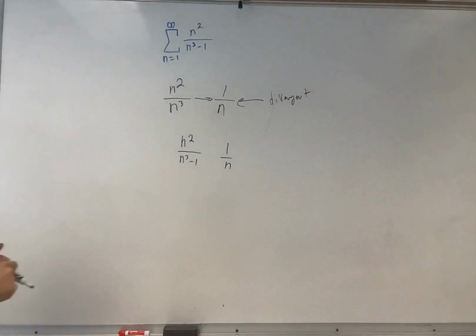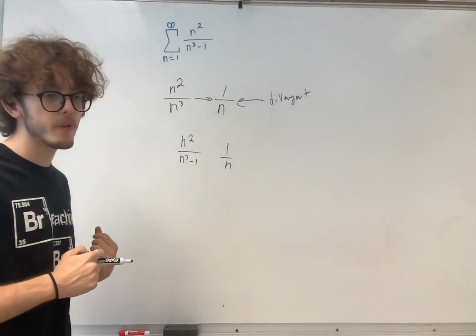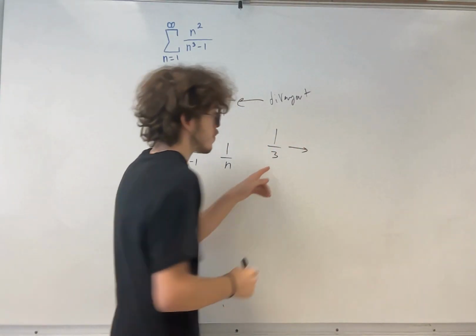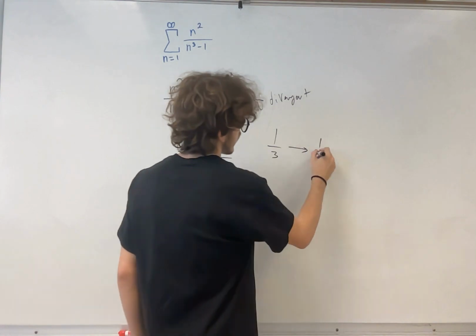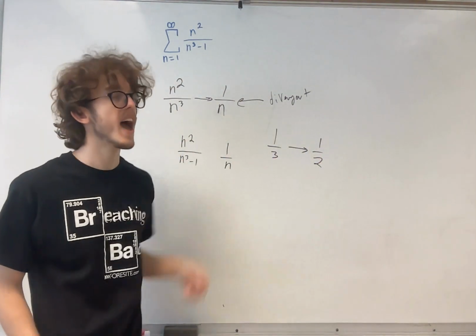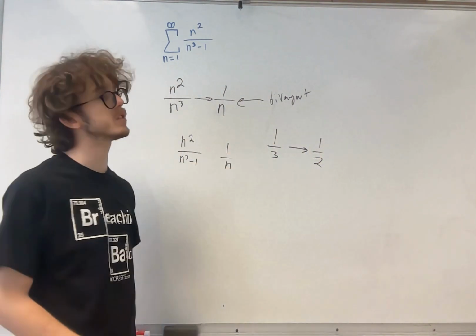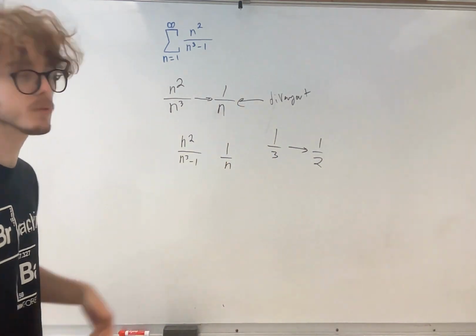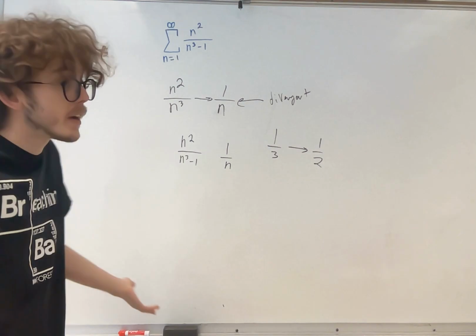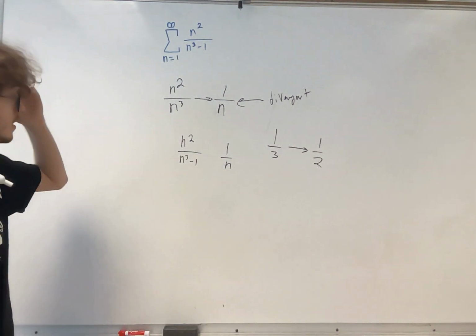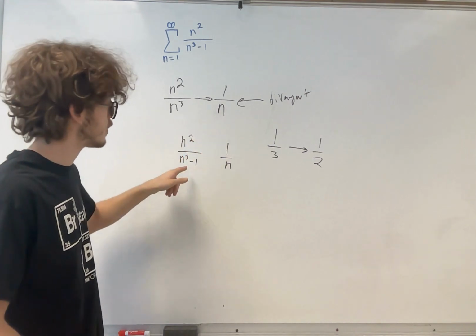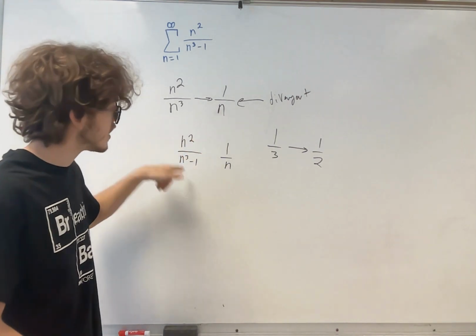If we are subtracting from our exponent, if we have, for example, 1 to the third, and we subtract 1 from here, that's going to make it 1/2. And we know that 1/2 is a greater value than 1 to the third. Basically, this idea is saying, if this is equivalent and we subtract 1, this is always going to be greater.